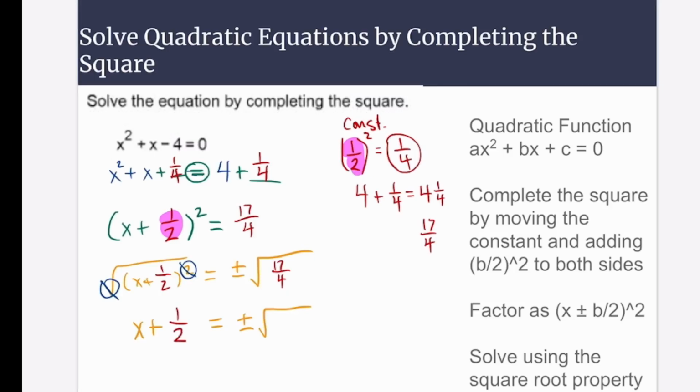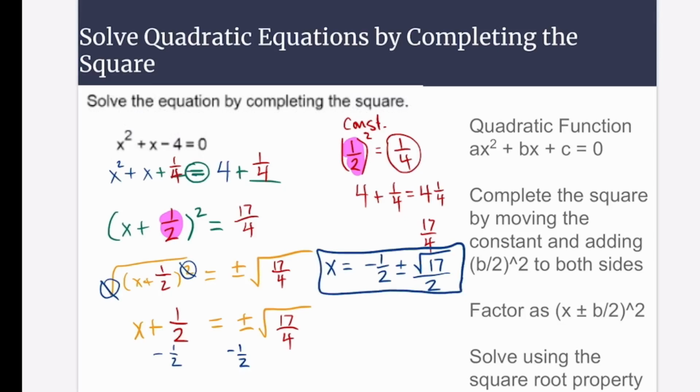X plus 1/2 equals plus minus radical 17/4. Subtract 1/2 from both sides, and the way we would write our answer, x equals negative 1/2 plus minus radical 17, and we're going to write that over 2.